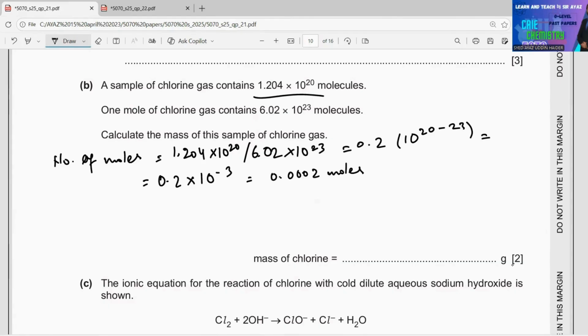You know that chlorine gas is Cl2. So we need Mr of Cl2 here.